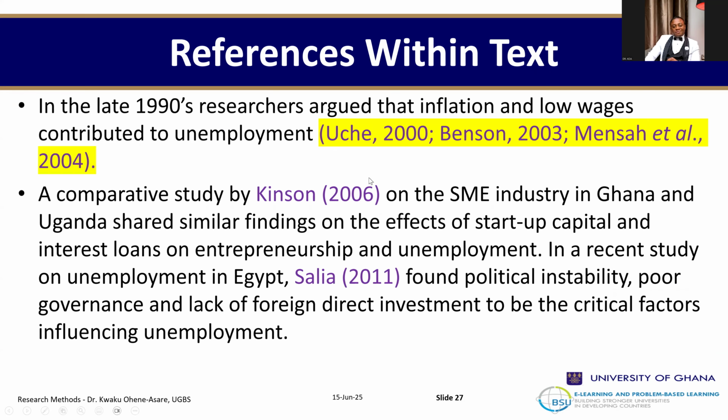Now, let's look at within the text. This is very critical, what we're about to look at. This is within the text. In the late 1990s, researchers argued that inflation and low wages contributed to unemployment. Finished. You see the words, researchers argued.